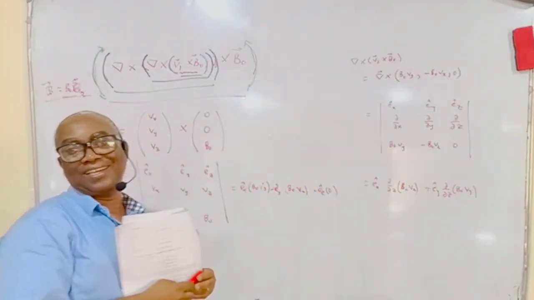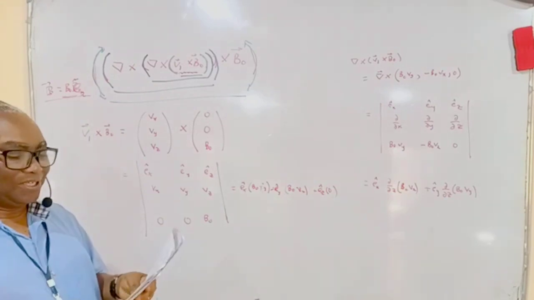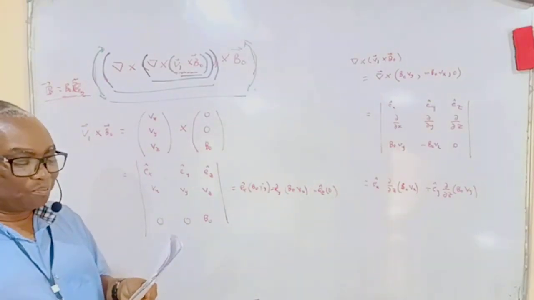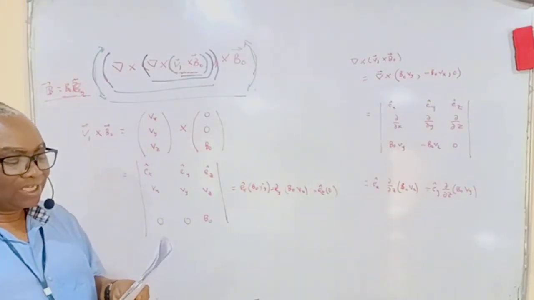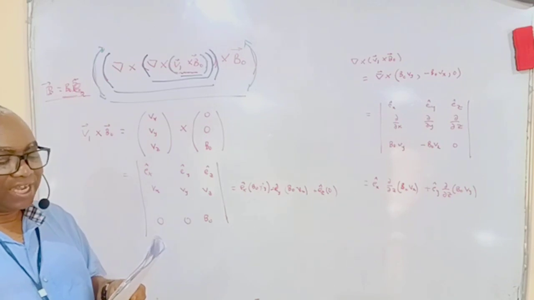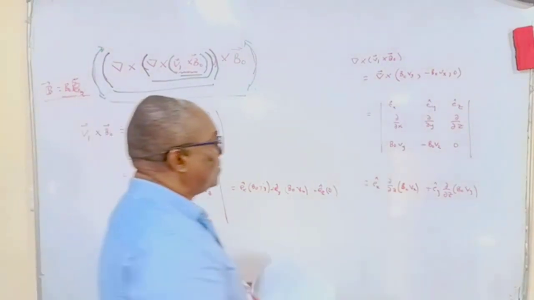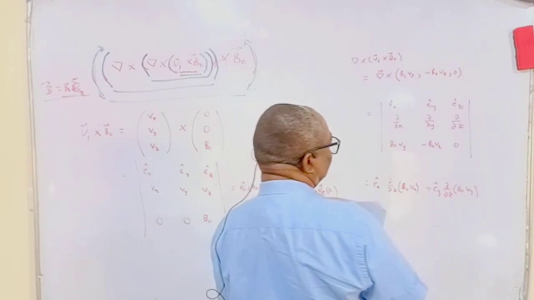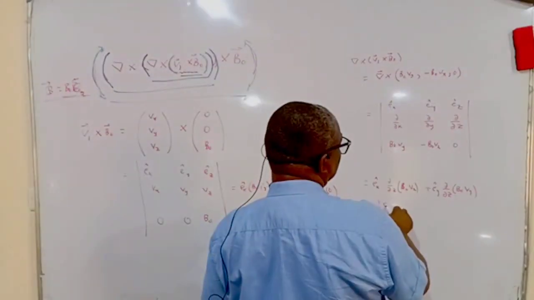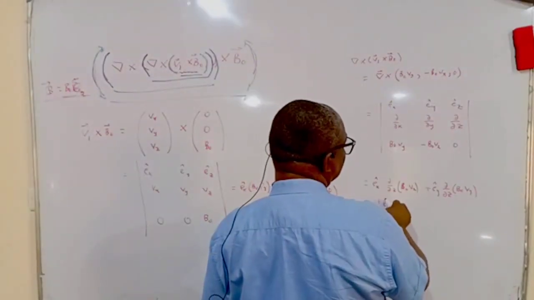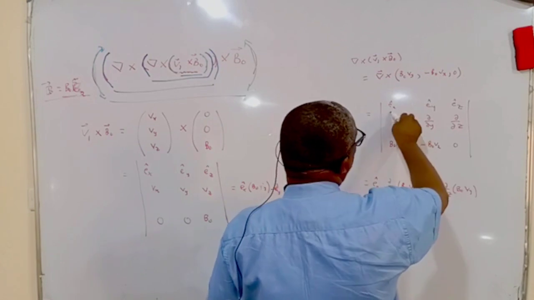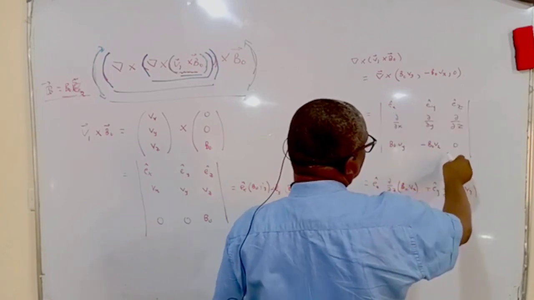Is that okay? Now, the next one will be a combination of X and Y. So you're going to have plus E of Z into, I will remove this and this.